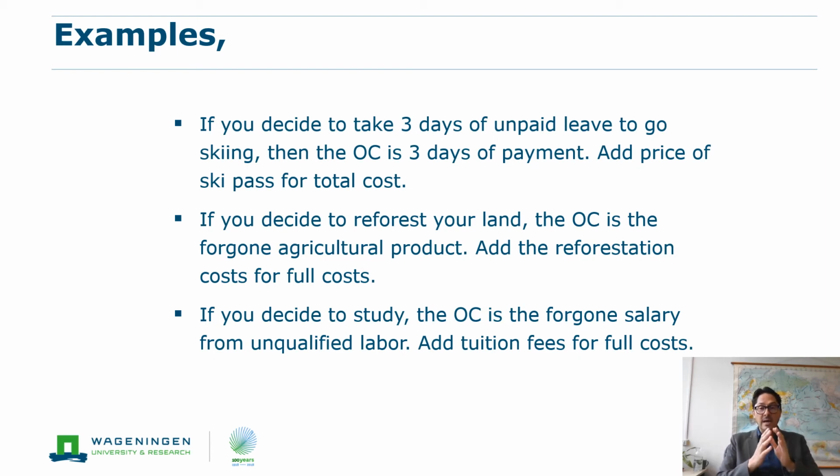So if you add tuition fees plus all the salaries that you're not receiving from unqualified labor, then you get to the full cost of studying. And for some people, the tuition fees are not really the obstacle. For some people, the foregone salaries from unqualified labor are the obstacle to education. That's how important the opportunity cost can be.